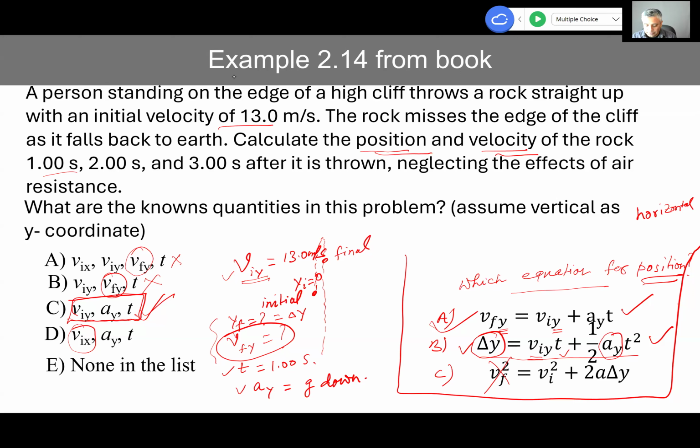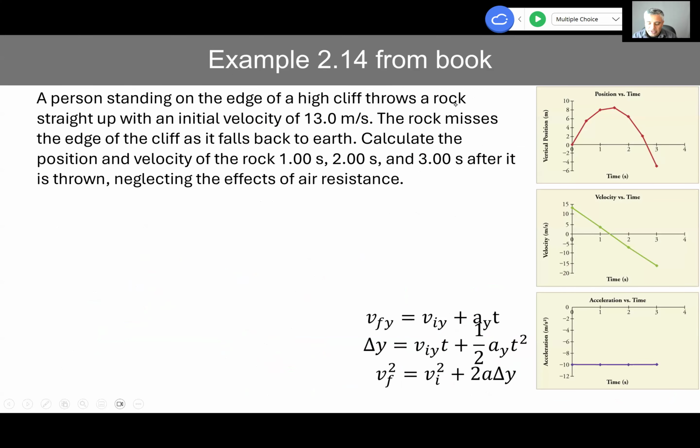Okay. So we now know which equation to use. It's time to use that equation. So delta y is v_iy times time interval, initial velocity in y direction times time interval, plus half acceleration in y direction times time interval squared.